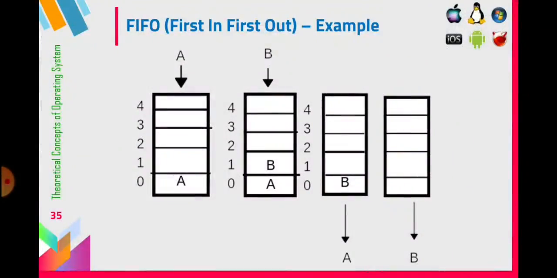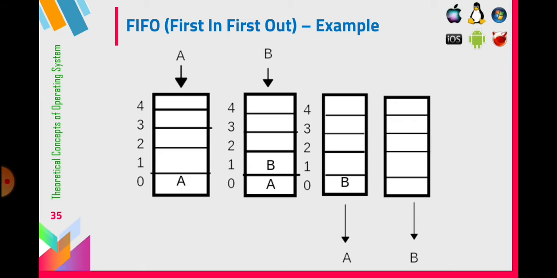Now you can see one example of this. Here we insert the element A in that tray, and then we include a second element B. If you want to take an element from this tray, the first element we put in the tray comes out first, and then we take the second element. That is first in first out.